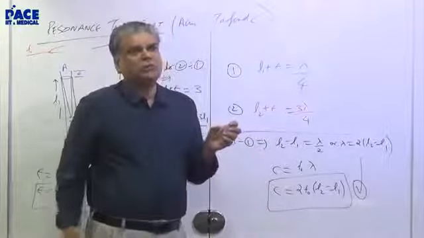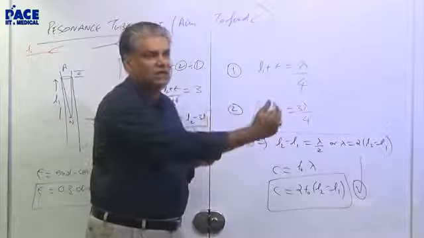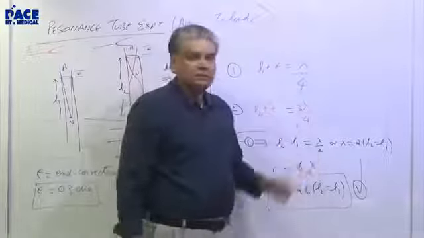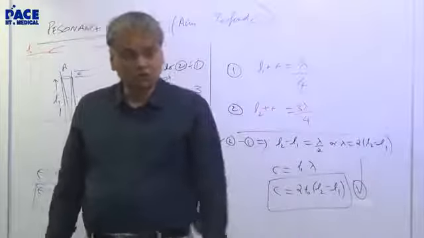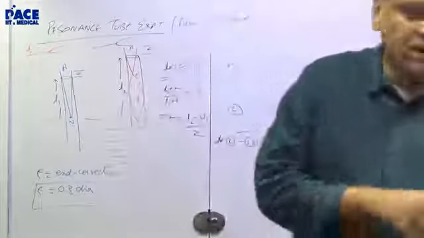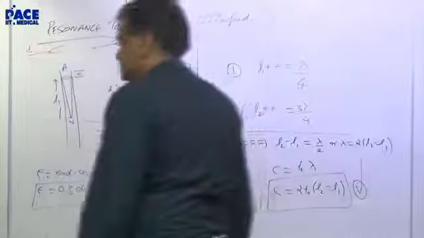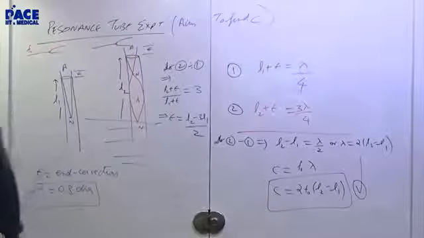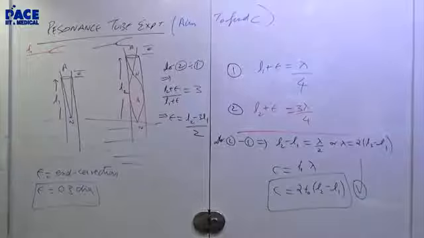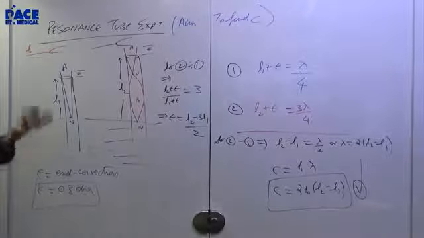Or if one is (2n plus 1) lambda by 4, the other will be (2n plus 3) lambda by 4. So when you subtract it, again you will get lambda by 2. So even if you don't know which overtone it is, you go to the next one, having a gap of lambda by 2 with the preceding one. So you always take a successive reading. Yes. And that's why you have to go slowly.